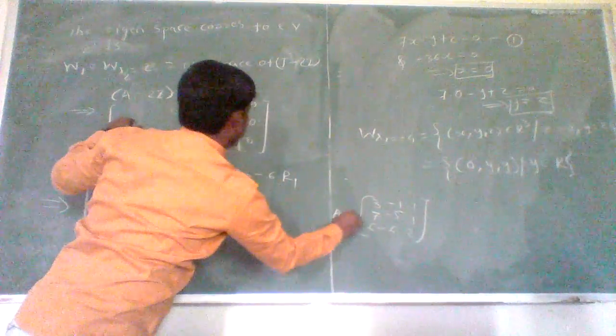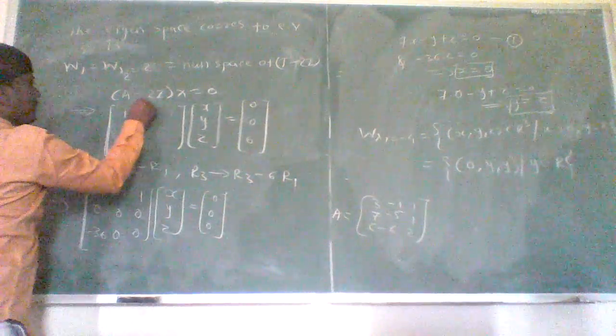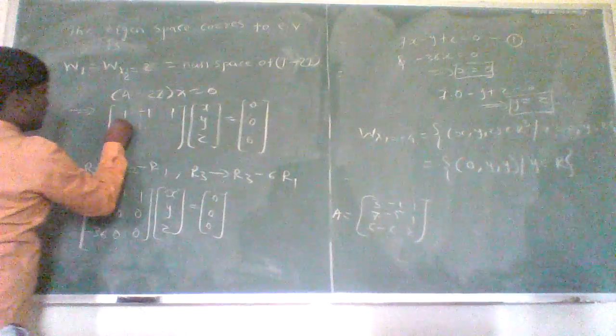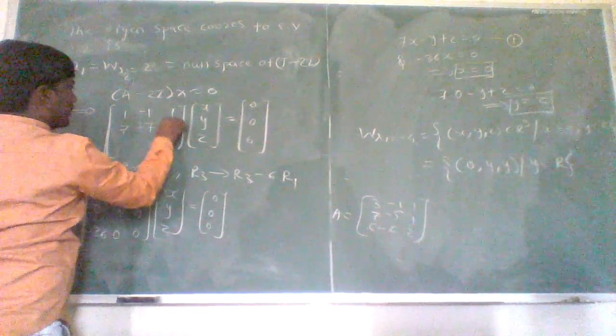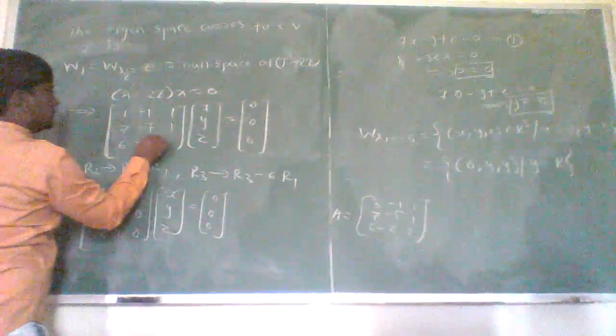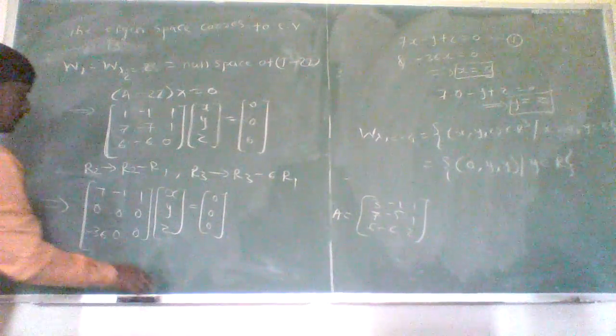Now this one is the matrix A, so now 3 minus 2 is 1, minus 1, 1, 7, minus 5 minus 2 is minus 7, 1, 6, minus 6, 2 minus 2, which is 0.